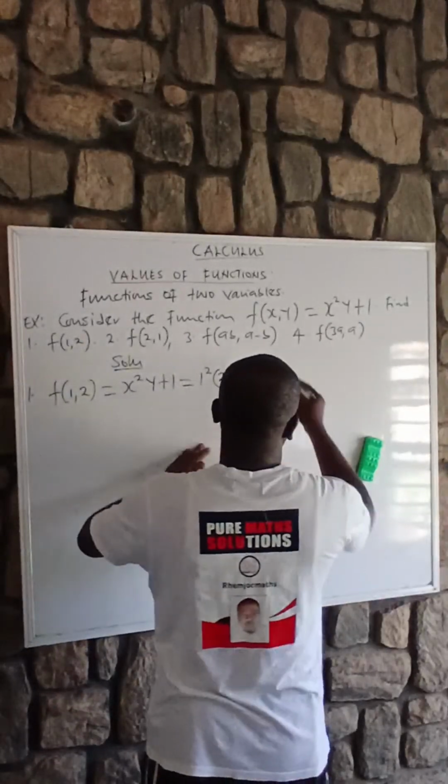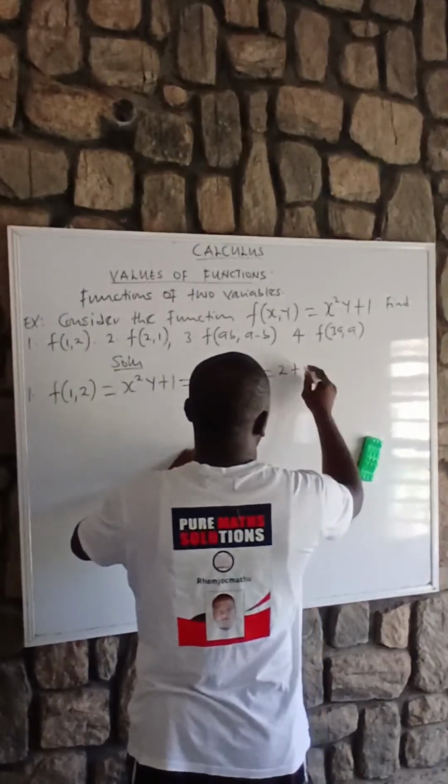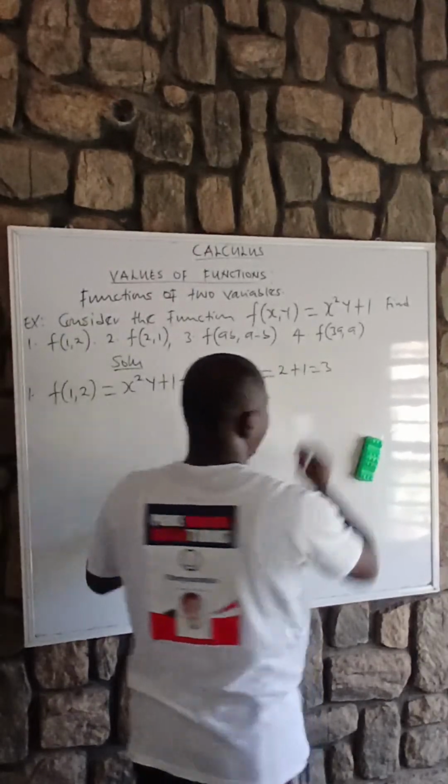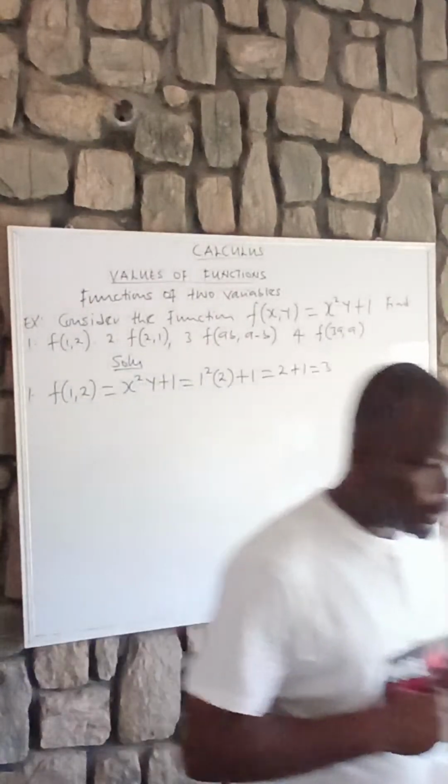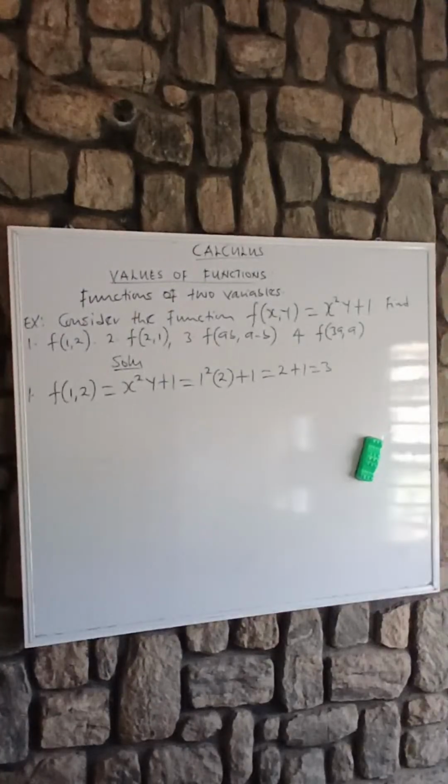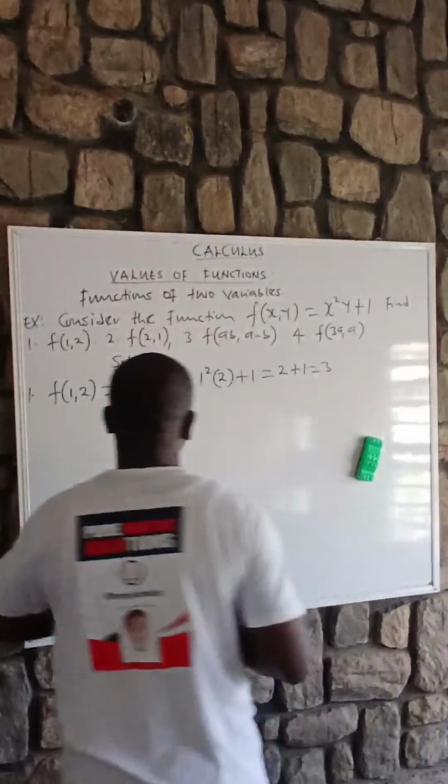Then 1 times 2, 2 plus 1, which is equal to 3. Do you understand? Are you following?